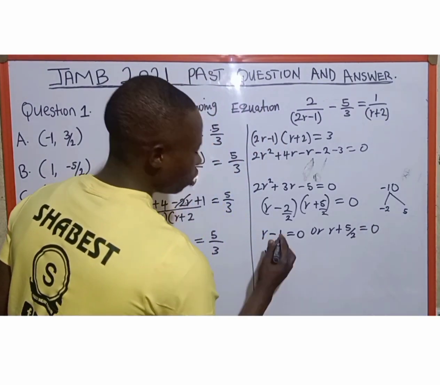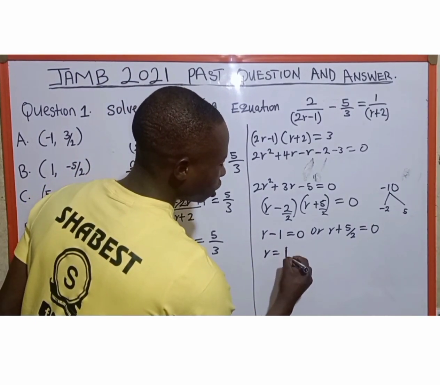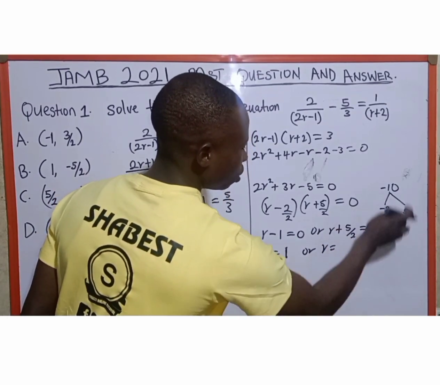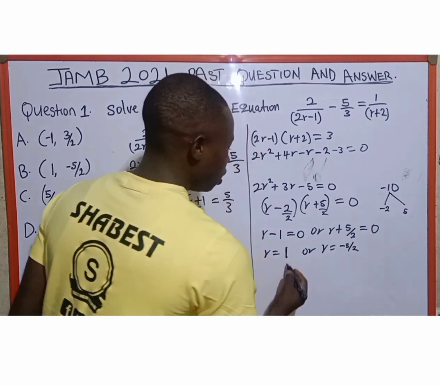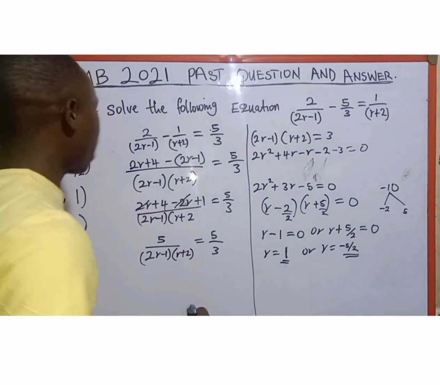So r will be equal to 1, taking this negative to the other side of the equation to become positive, or r will be equal to -5/2, taking this to the other side of the equation. Therefore, the values of r are +1 and -5/2.